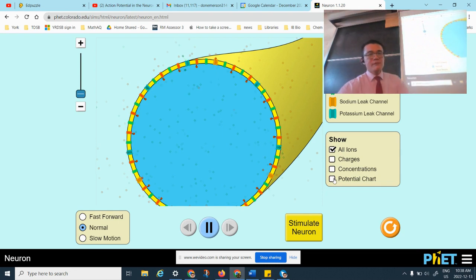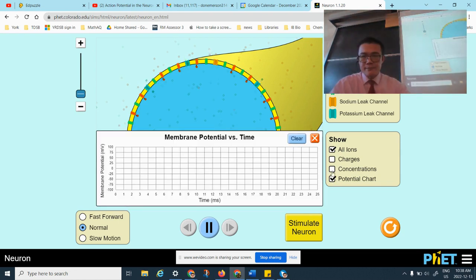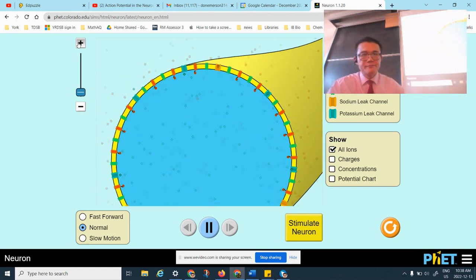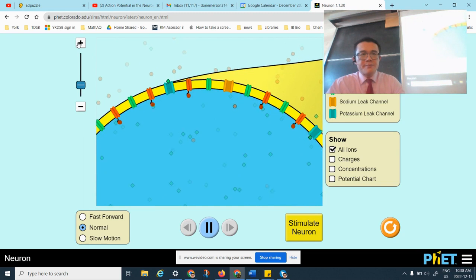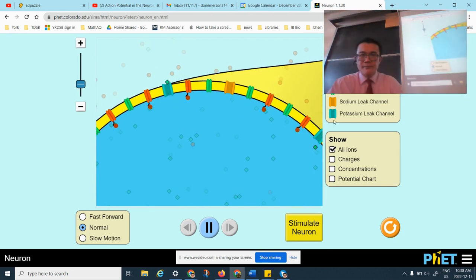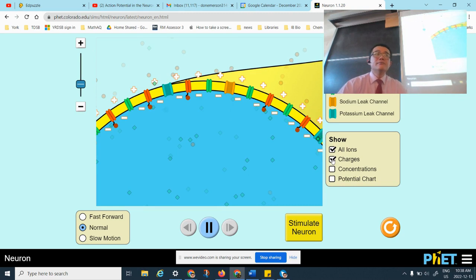Okay, so let's look up here. So right now, in this illustration, let's zoom in a little bit. So this is basically the surface of a neuron, or the axon part. What's the charge difference?